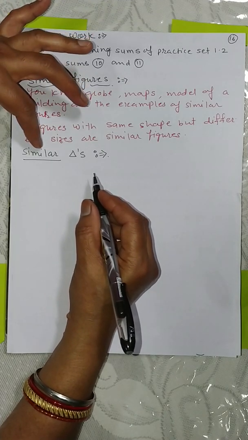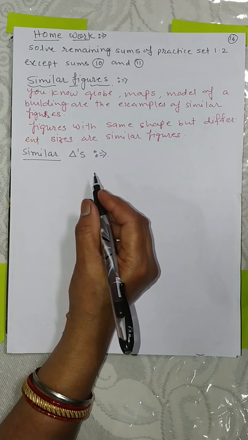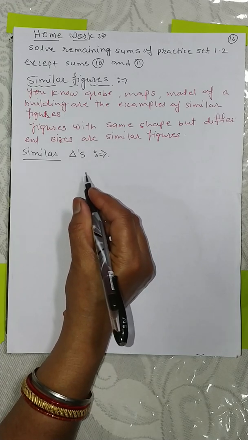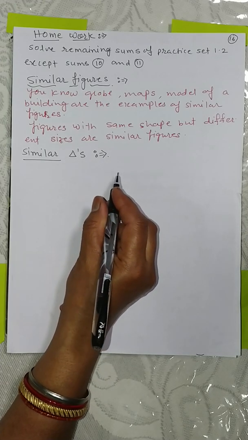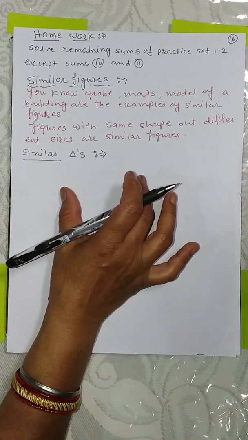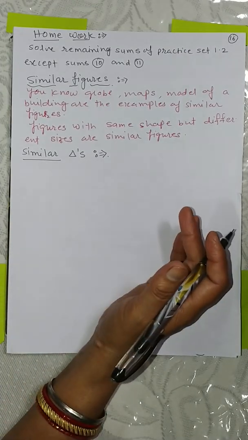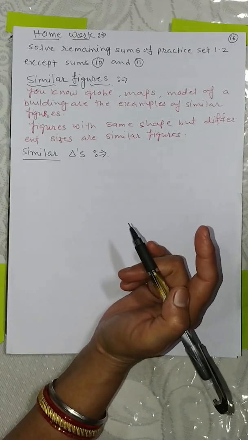So similar triangles are which triangles? The triangles whose corresponding sides are in proportion and the corresponding angles are congruent.